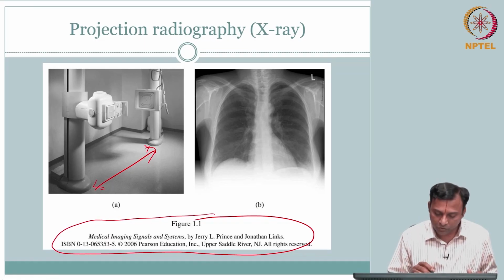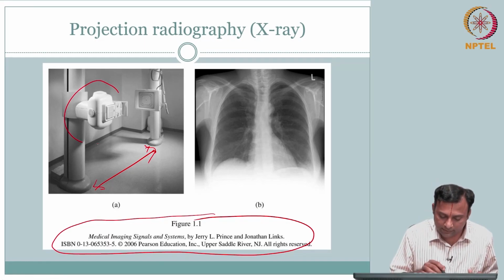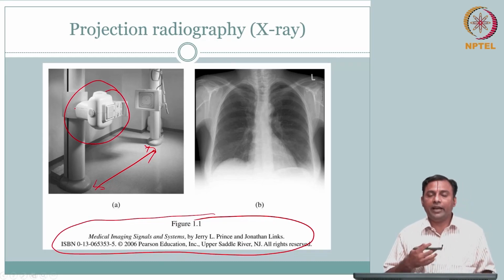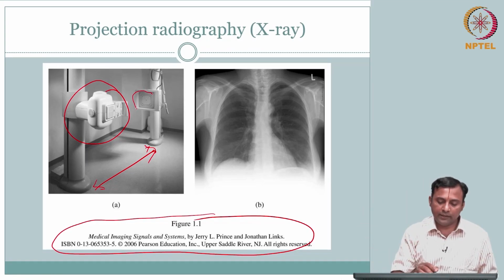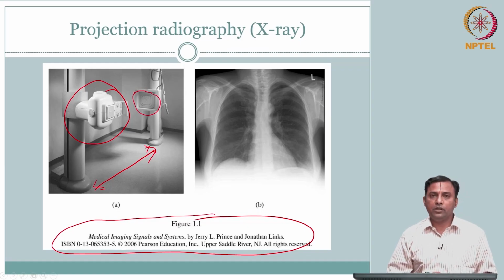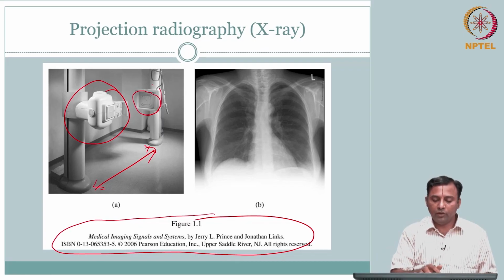What is happening? You go stand there, this is generating an X-ray, it is sending it through, and you are standing here. So the X-rays are going through your body, coming out through the other side, right? And it is getting collected here. In some sense, your whole 3D is collapsed into the plane of this detector.